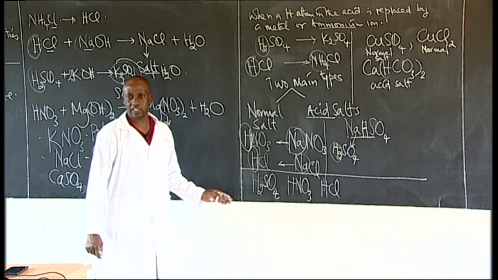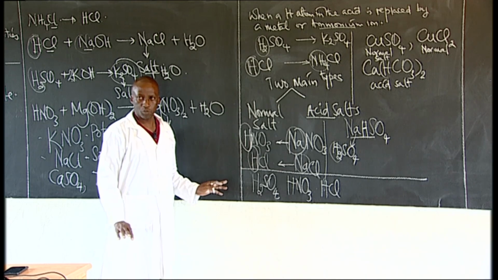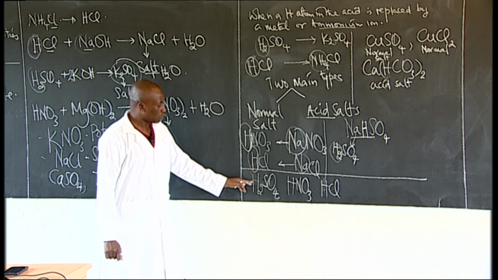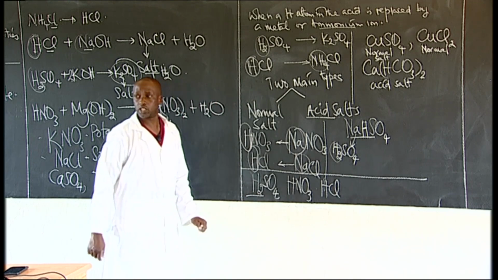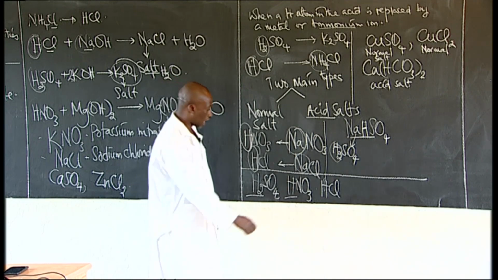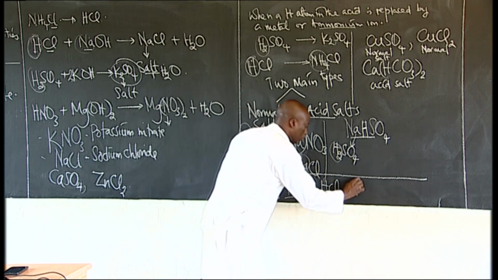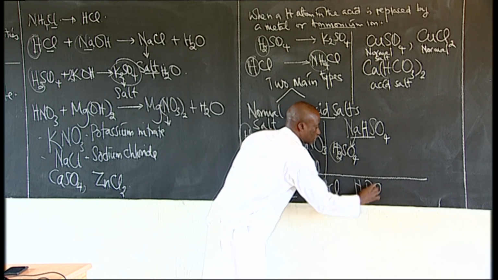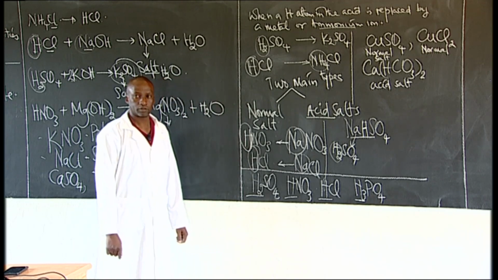These are common acids that we can find in any simple laboratory. Now, when you look at these, this one has 2 hydrogen atoms. This one has 1 hydrogen atom. This one has 1 hydrogen atom. But if you look at this, it has 3 hydrogen atoms.